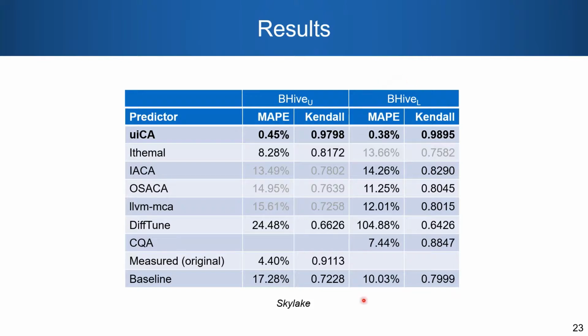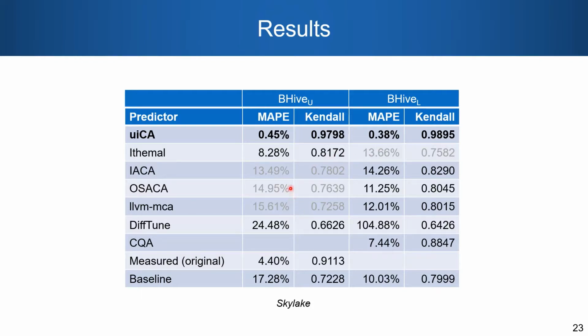And in this part of the table, we see the results for our modified benchmark set in which the benchmarks do end with a branch instruction. For the cases in which the throughput definition that was used for the predictions does not agree with the definition that was used for the measurements, we show the corresponding entries in gray.